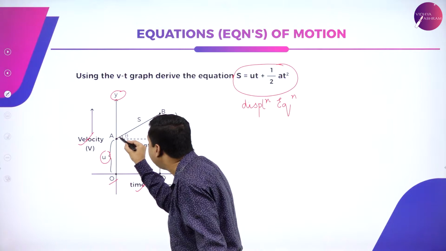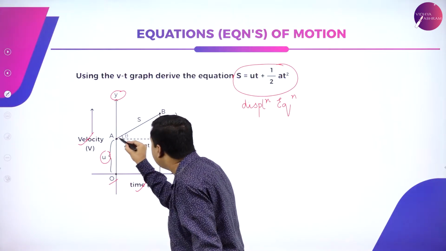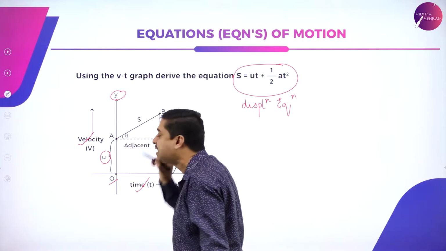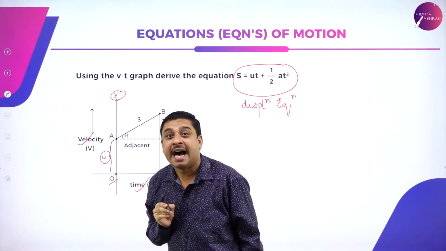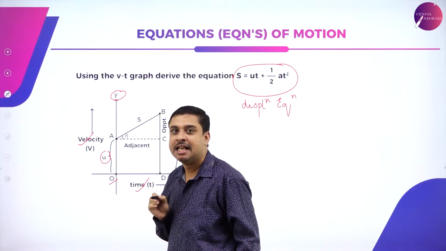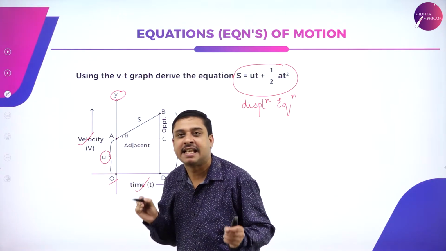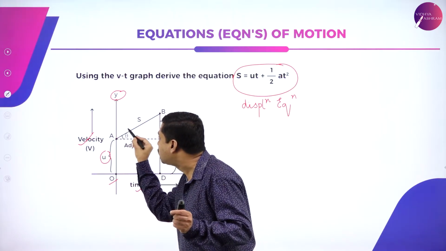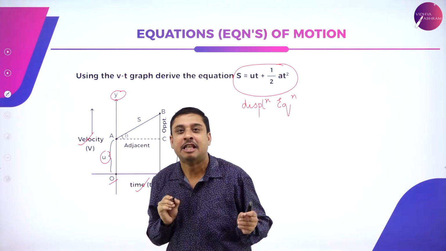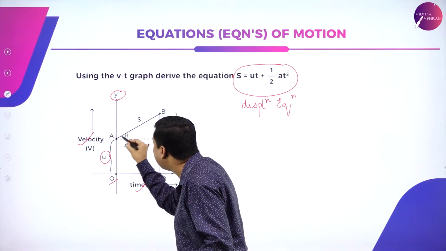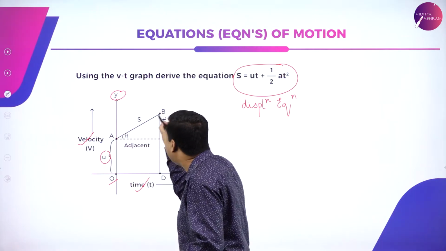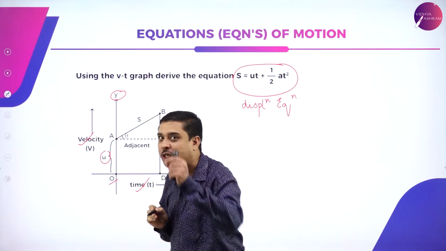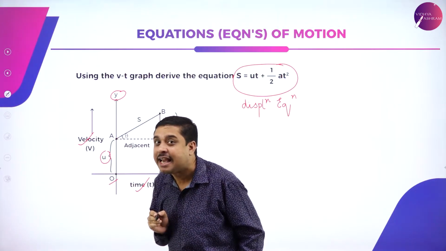At this point A, the body is displaced along a straight line. The moment it has reached the point A, the body is getting displaced along the straight line AB. I have taught you, straight line.